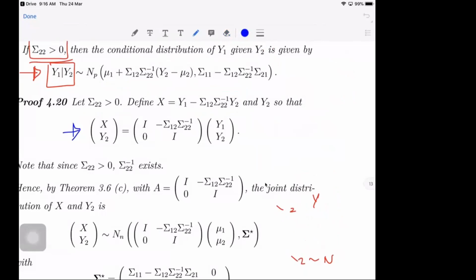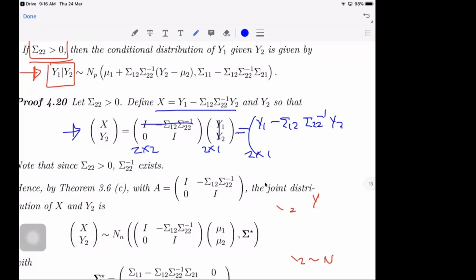If this is how we define x, when you multiply it, that will be y1 minus sigma 12 sigma 22 inverse y2. So this is 2 by 2, and this is 2 by 1, so the result will be 2 by 1.